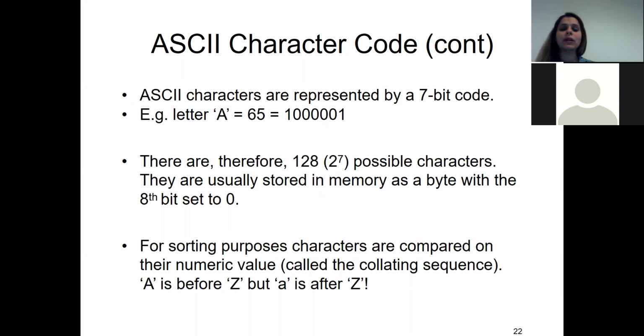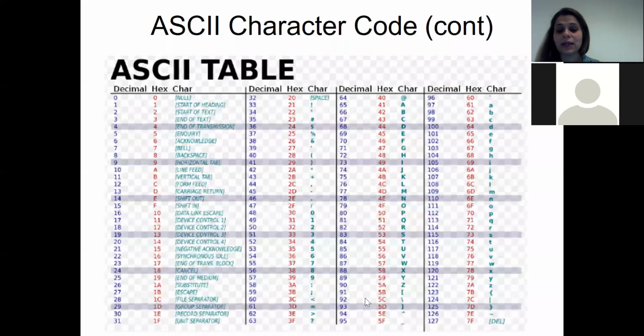So for example, uppercase A is before uppercase Z, but the small a is after the capital Z. Let me explain what I mean.